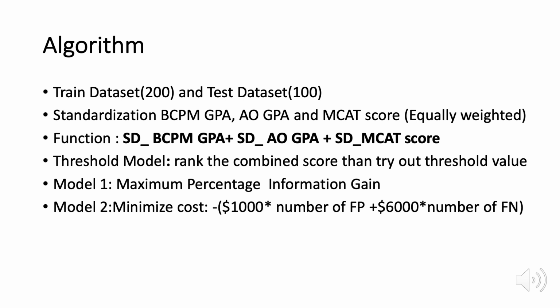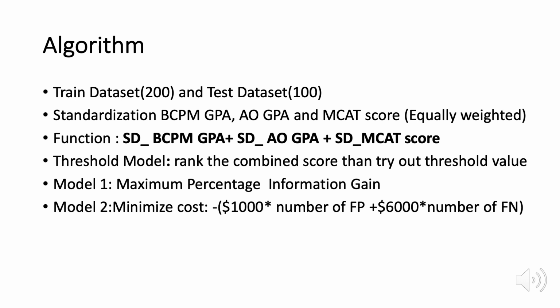So going to the details of how I obtained those results, I first separated the data into a training set and a test data set. Since cumulative GPA is dependent on pre-medical GPA and all other GPA, in the model I chose to use pre-medical GPA, all other GPA and MCAT score to construct my functions. And I standardized those values because they have different ranges.